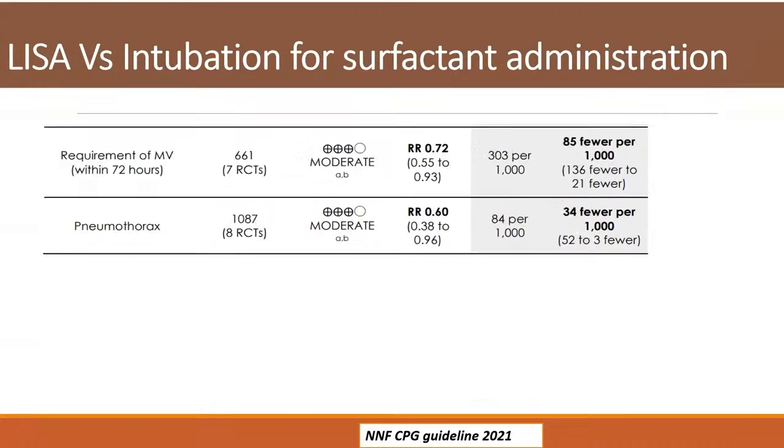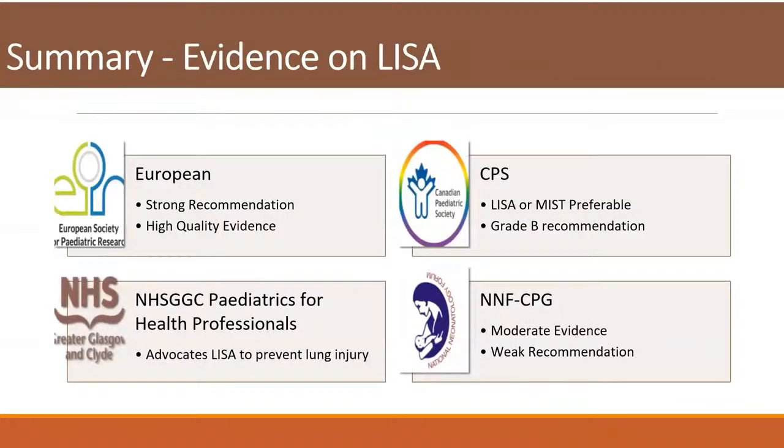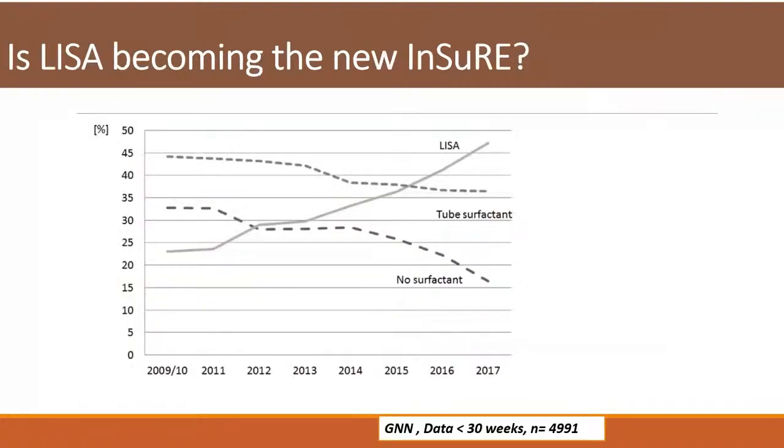Most of these benefits have also been substantiated by the Indian NNF guidelines, CPG guidelines published in 2021. So most European, American, as well as our current Indian NNF guidelines seem to recommend that there is moderate to strong evidence in favor of using minimally invasive surfactant administration techniques.